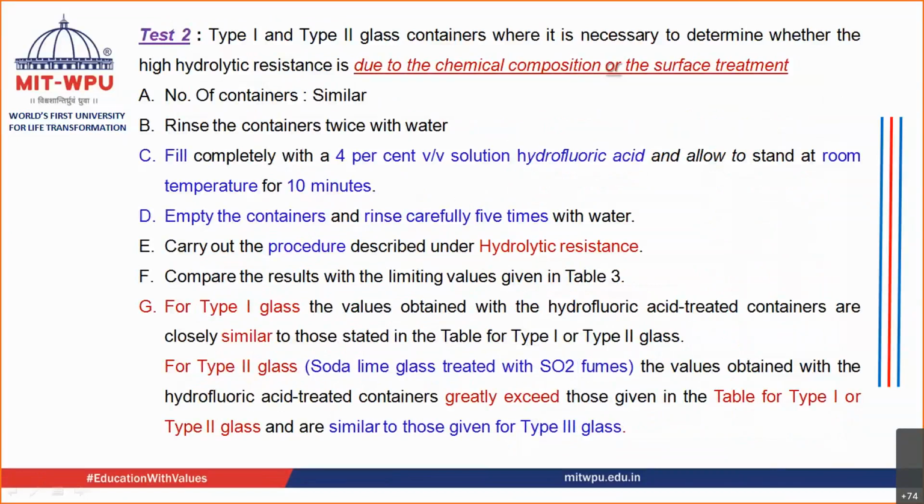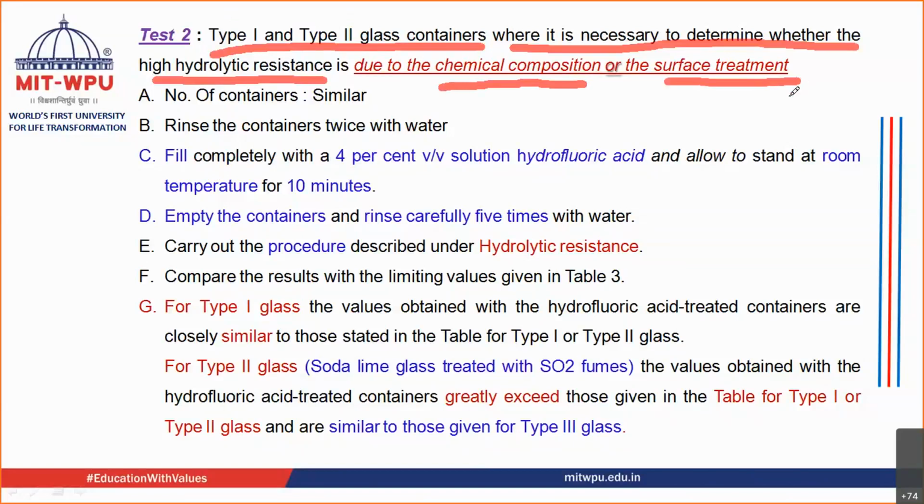Now, test 2, as I told you earlier, is carried out for type 1 and type 2 glass containers, where it is necessary to determine whether the high hydraulic resistance that is there in type 1 and type 2 glass, which we have seen in our earlier experiment in test number 1, is high because of the chemical composition, or because of the surface treatment with sulfur dioxide.